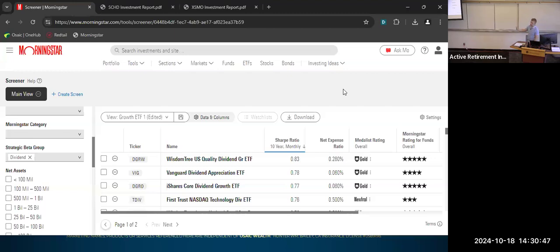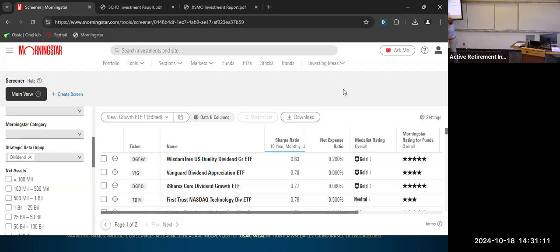If you look here at these first couple of things, what I did was I sorted for the monthly data 10-year Sharpe ratio. So over the last 10 years, how much extra return have we generated in comparison to the standard deviation of these holdings? You'll see that the very first one for dividend stocks is WisdomTree's US Quality Dividend Growth ETF.